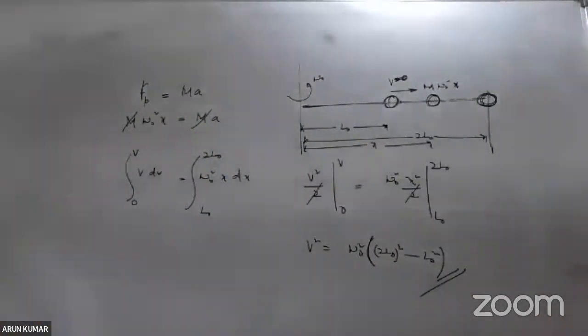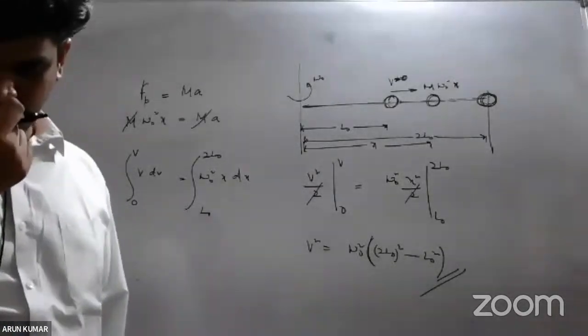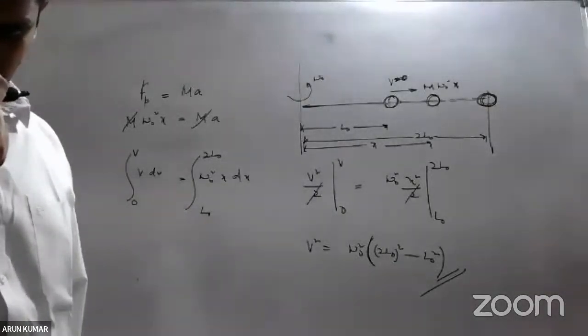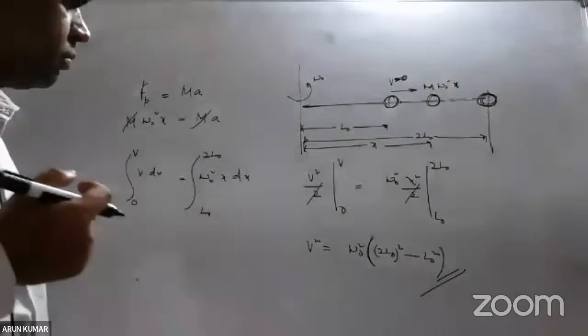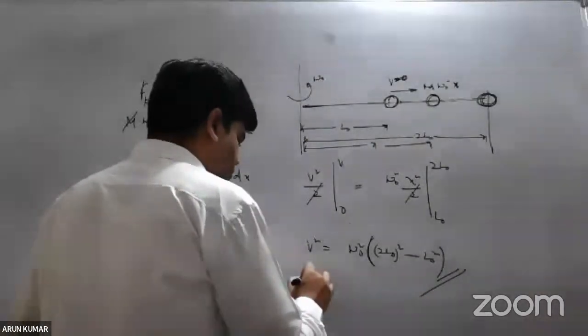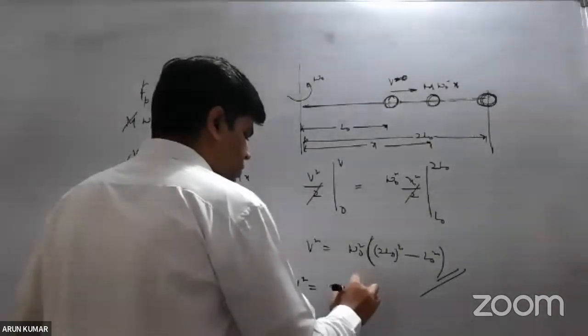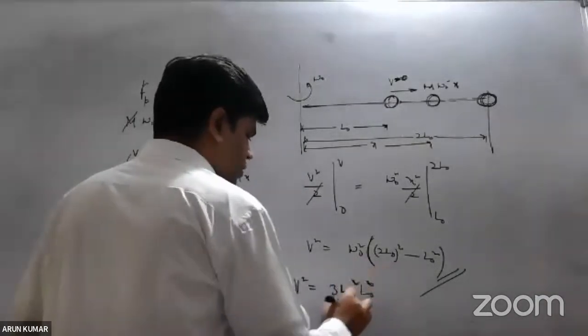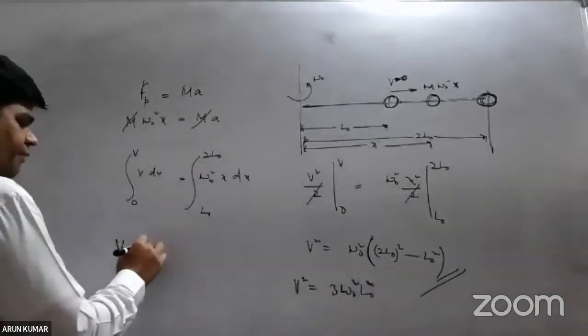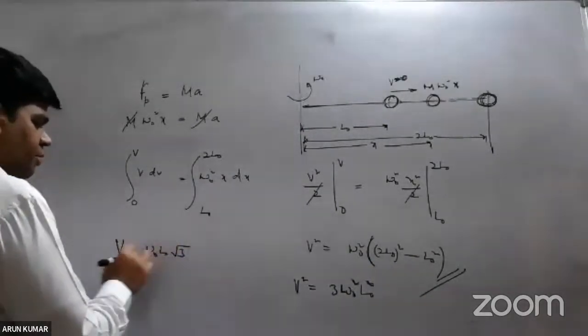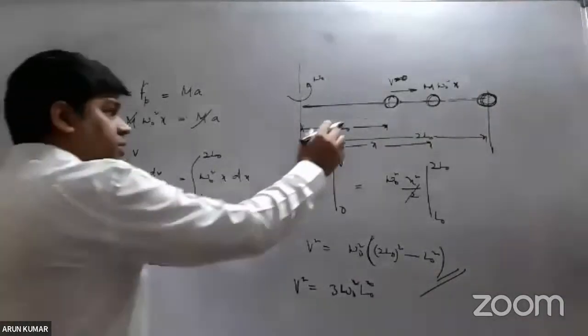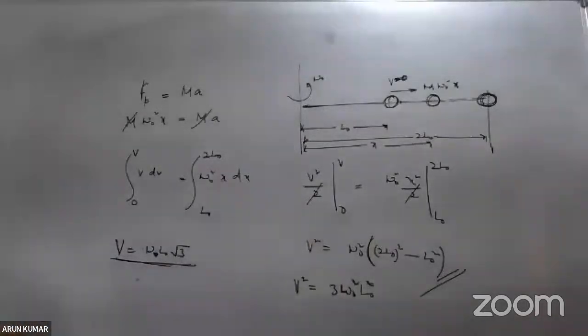How much is 2L whole square minus L square? 3L square, sir. Right, 3L square. So v square is equal to 3 omega square L square. So v is equal to omega L into root 3. So it starts with 0 velocity and achieves a velocity of omega L into root 3 when it reaches a distance of 2L.